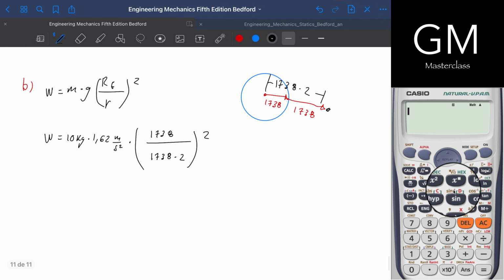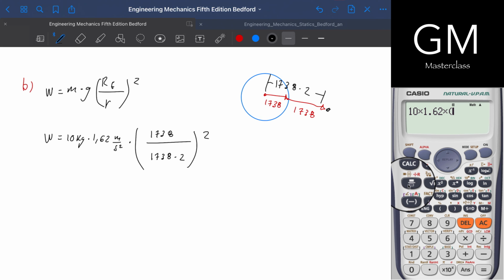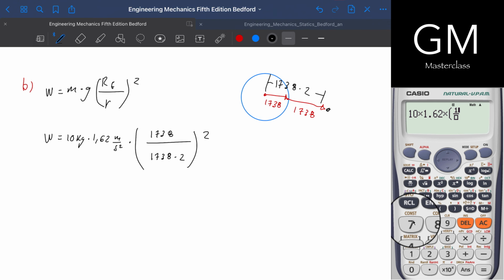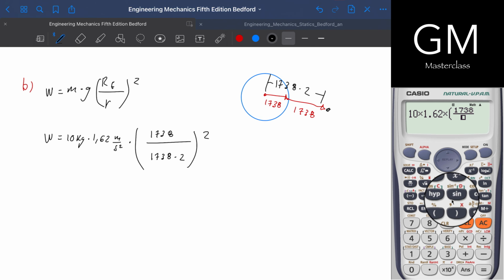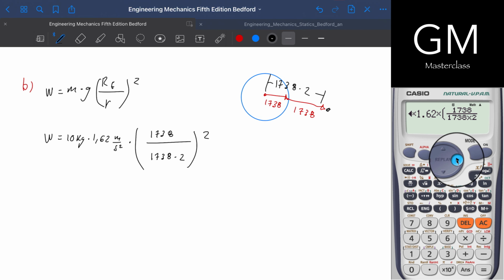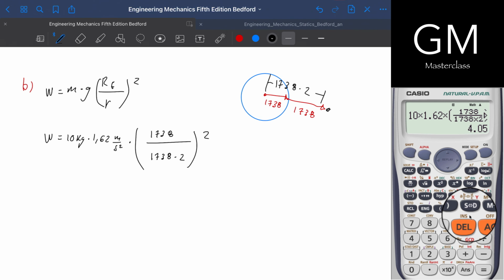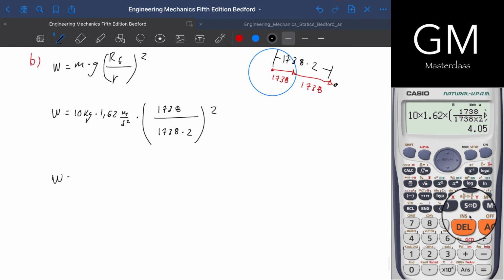Now, 1738 times 2 to the second power. This is equal to 4.05 newtons.